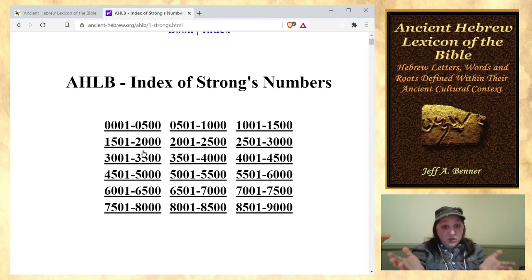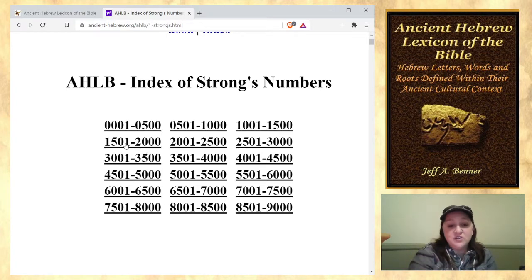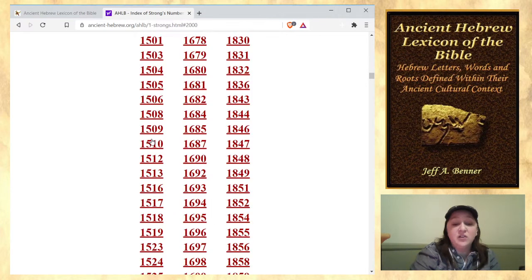So you can look up the word in the Strong's Concordance and see the definition and the special number that the Strong's gives it. You can take that Strong's number and then you can come to the Ancient Hebrew Lexicon and look up that exact same number and see the entry that the Ancient Hebrew Lexicon has for that same word. So let's go ahead and let's take a look right here.